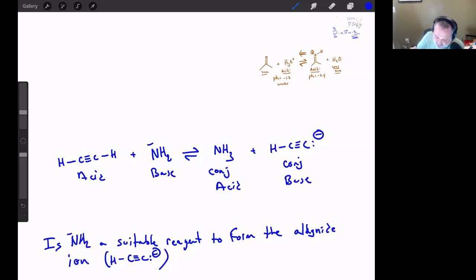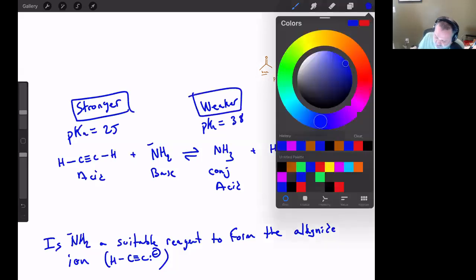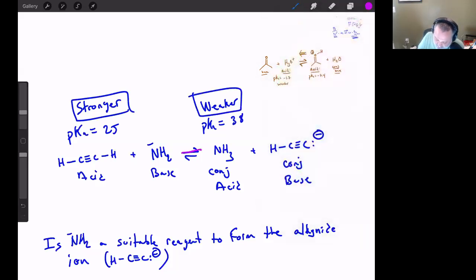And now we can take a look at our pKa values. Once we've identified the acids, we can assign their pKa values. This one's 25, and this one's 38. So this one is the weaker acid. This one is the stronger acid. And so we know that the position of the equilibrium favors the side with the weaker acid.